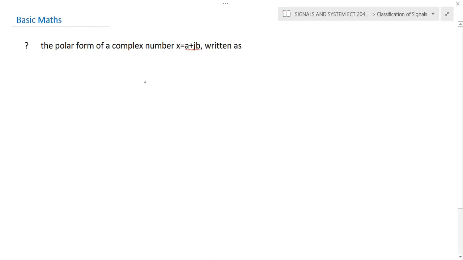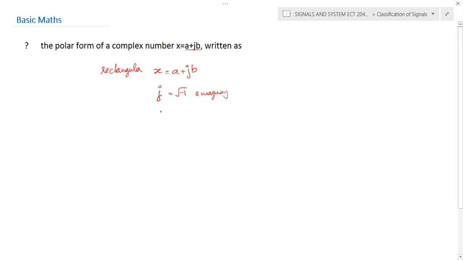So there are two representations for a complex number, that are known as rectangular and polar form. The given form is known as the rectangular form. For example, the complex number x is given by a plus jb. And one more point, in signals and systems, normally this j is used to indicate the imaginary number, root minus 1.